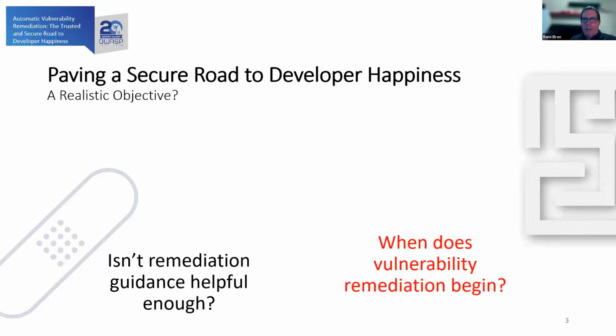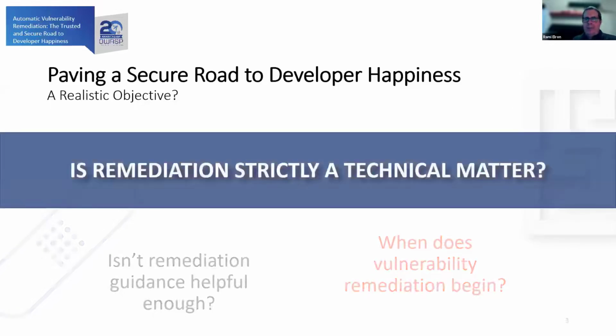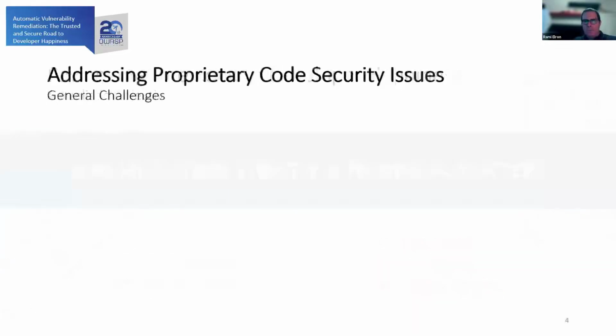And that, in a way, contributes to a level of noise that doesn't necessarily help facilitate the overall process. I think this sets a good stage to highlight yet another question at this point. Is remediation strictly a technical matter? We will discuss that as we move through this presentation, but I would really appreciate it if you could keep that in the back of your heads. It's definitely one of the themes underlying this session.